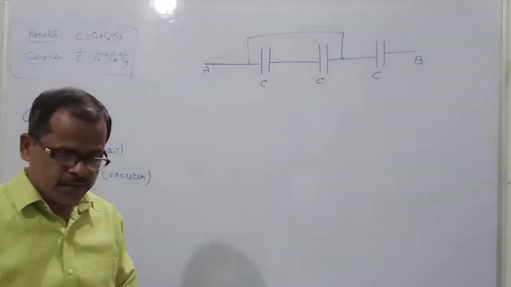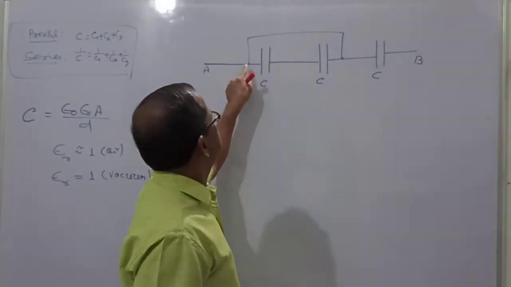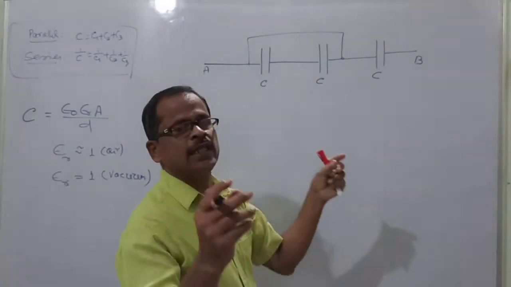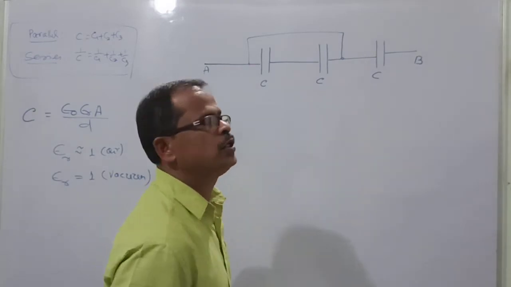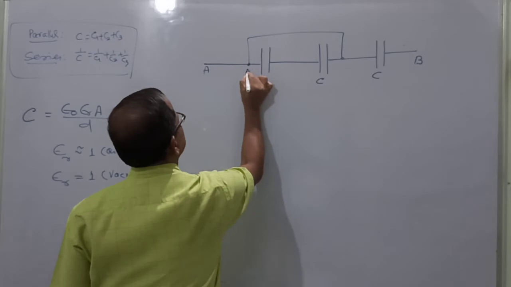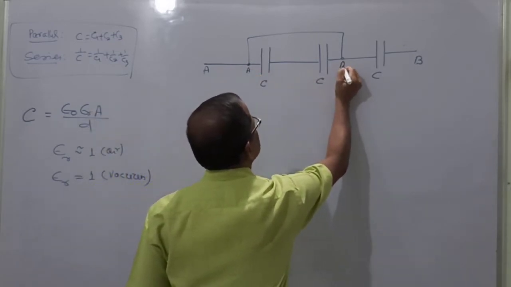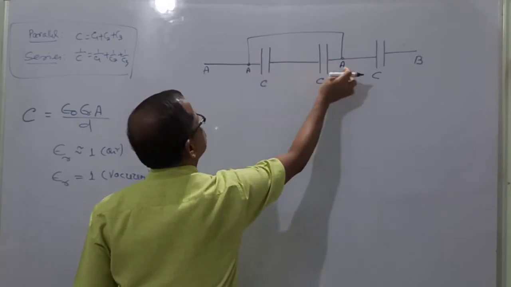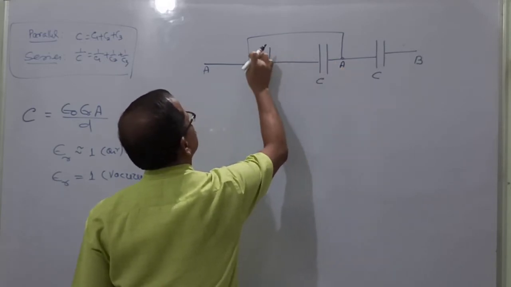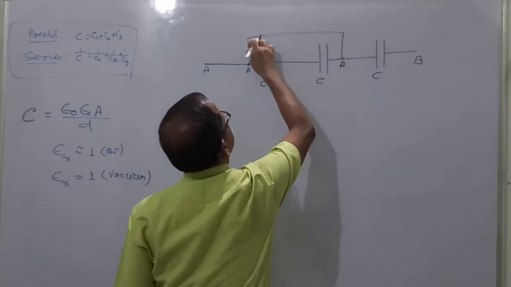Please remember: short circuit means the two points are very close to each other. If the potential of this point is A, the potential of this point is also A, because the two points are short circuited. Here all are the same, because this is a conductor.